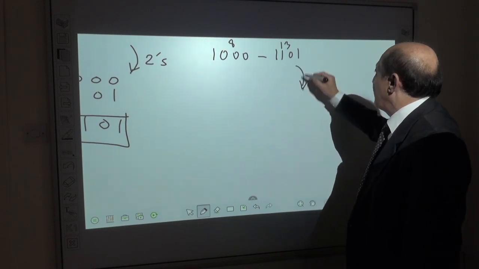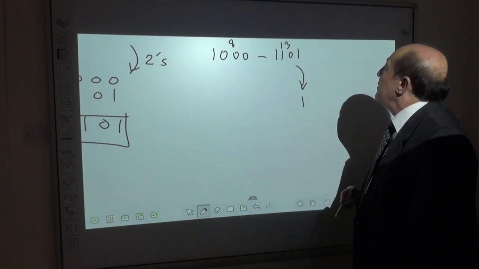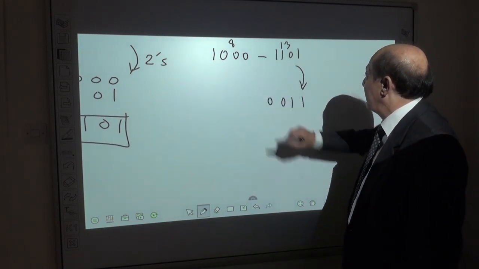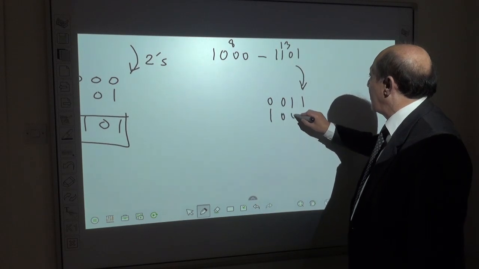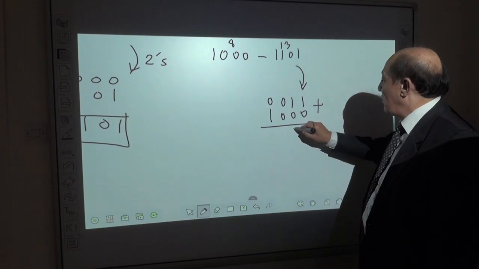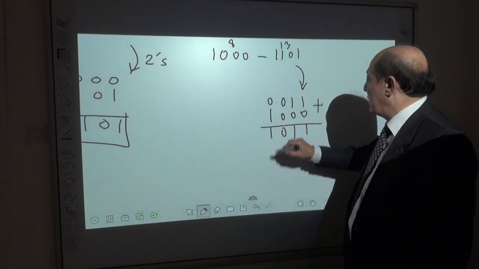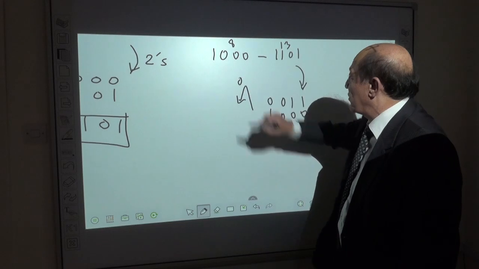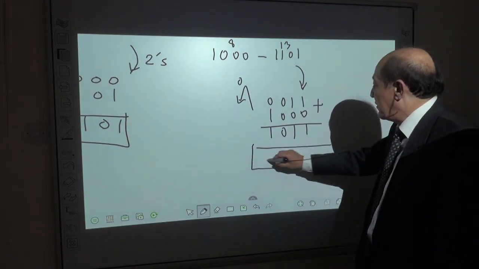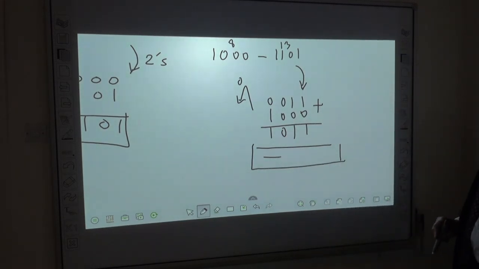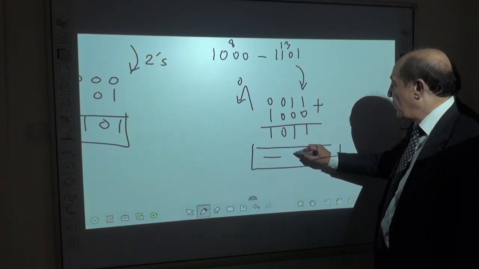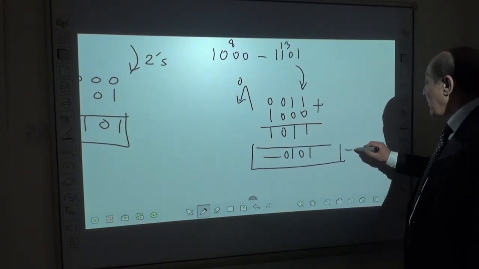The 2's complement of this number: the first non-zero digit as it is, the others we complement, and we add to 8. 1, 1, 0, 1. The end-around carry is equal to 0. Therefore, the result is negative and represented in the 2's complement form. This is 1010. This is minus 5.